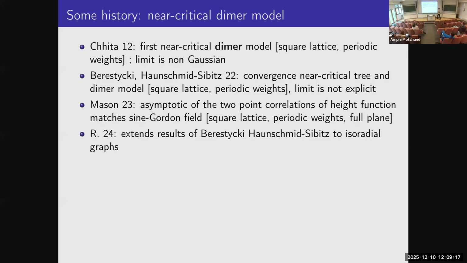So there was this work by Scott Mason, who proved that the 2-point correlation of the height function matches the sine-Gordon field. Later I extended the results of Berestycki, Laslier and Ray to a much larger class of graphs. So I proved a kind of universality for this near-critical dimer model.